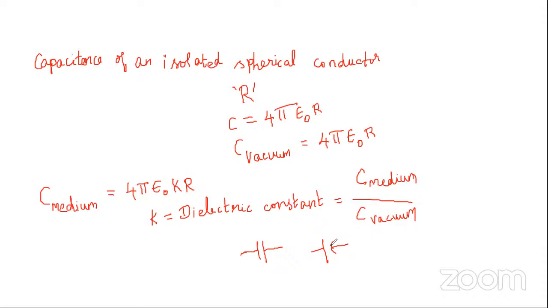Whenever you consider a capacitor, it is a pair of conductors separated by a dielectric or insulator, or it may even be vacuum. A pair of conductors separated by some insulator, dielectric, or even vacuum is called a capacitor.